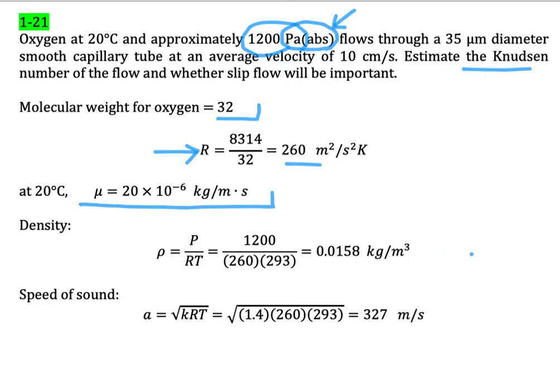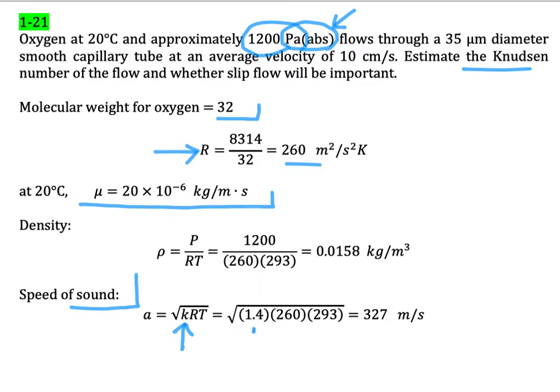And then we are going to calculate the speed of sound. So a is equal to the square root of kRT. So k here is the constant for the gas. Normally air is 1.4 and oxygen also has the same number, 1.4.